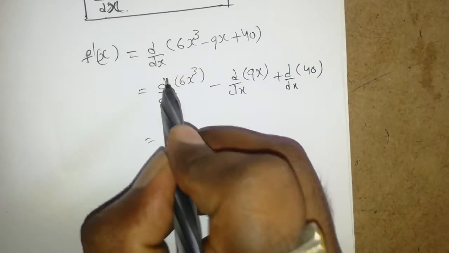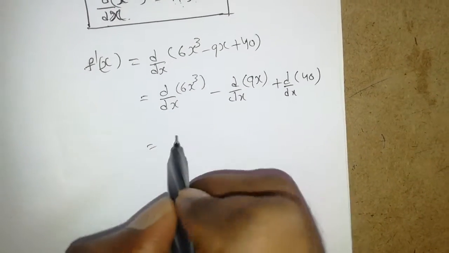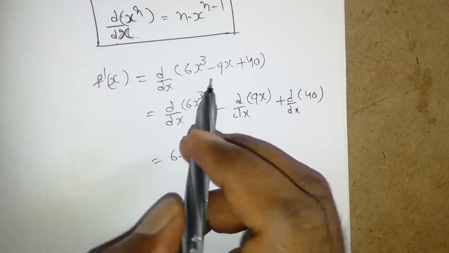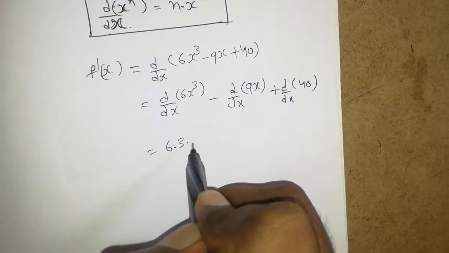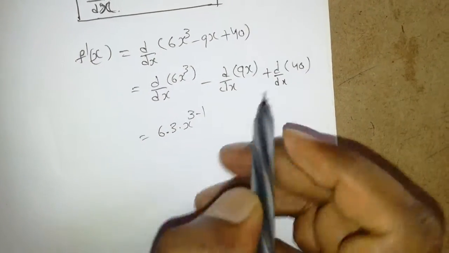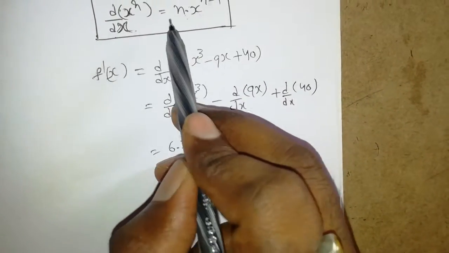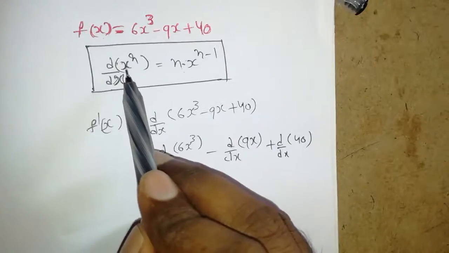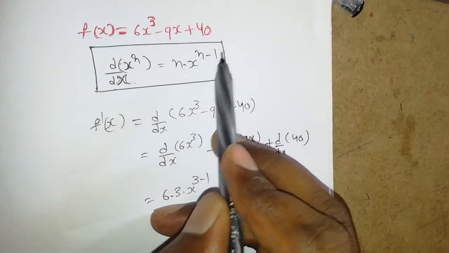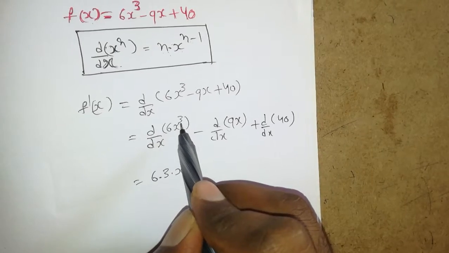So here d by dx of 6x cube, so power 3 is there, so 6 into 3 into x to the power of 3 minus 1. So we applied this formula, d by dx of x power n equals n into x to the power of n minus 1. In the place of n we have 3 here.